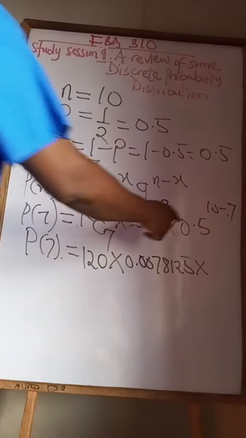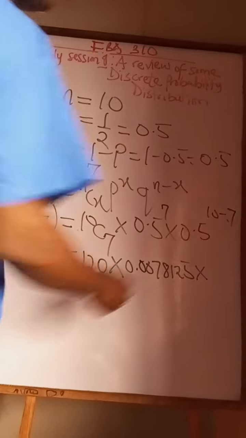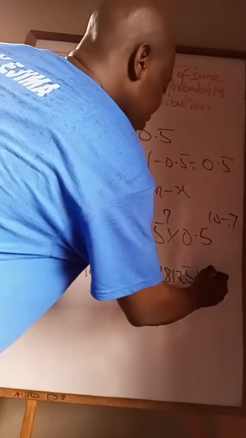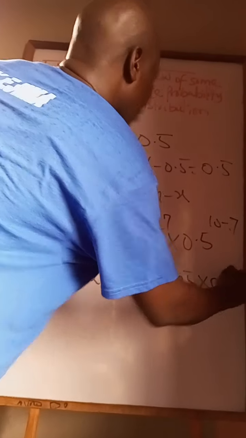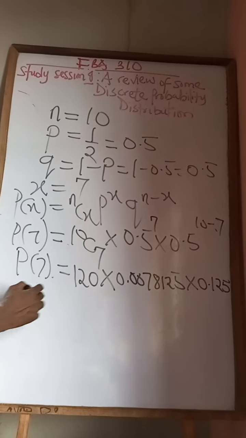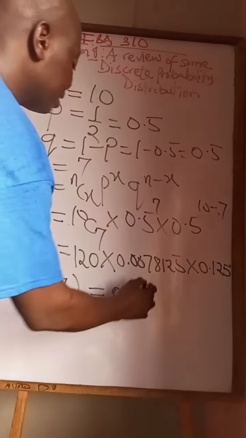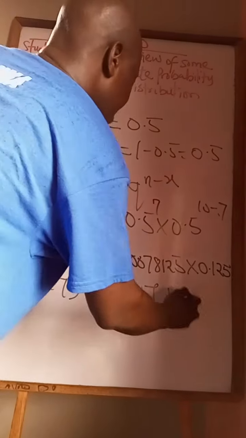Times, if I press 0.5, 10 minus 7 is 3. So when I press 0.5 raised to power 3, I'm going to have 0.125. Confirm all these figures. So therefore, the probability of 7 appearing will now be 0.117 to 3 decimal places.